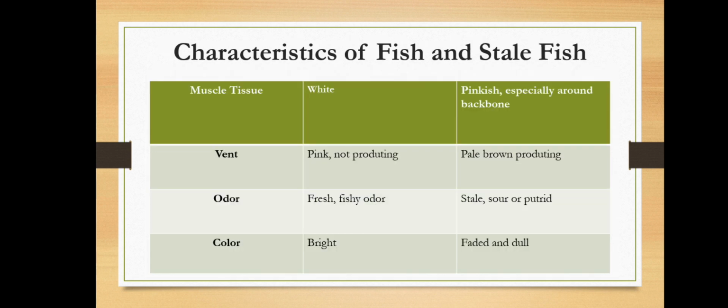Next is muscle tissue: white, pinkish, especially around backbone. Vent: pink, not protruding. Pale brown, protruding. Odor: fresh, fishy odor. Stale, sour or putrid. Color: bright. Faded and dull.